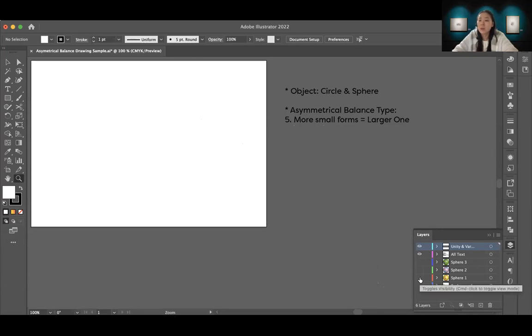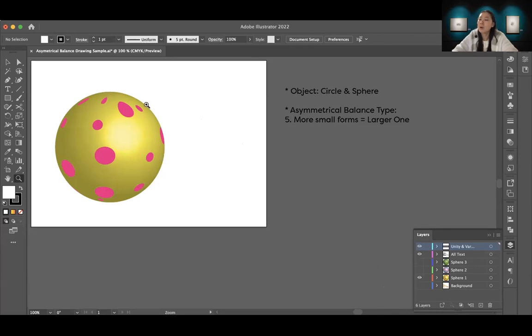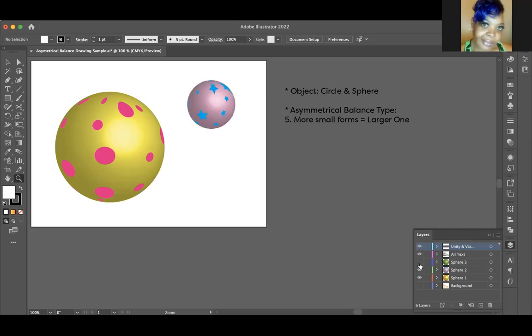So I drew a large ball, and then I drew two small balls. So see, it's the fifth asymmetrical balance type, right? The small forms and a large form.